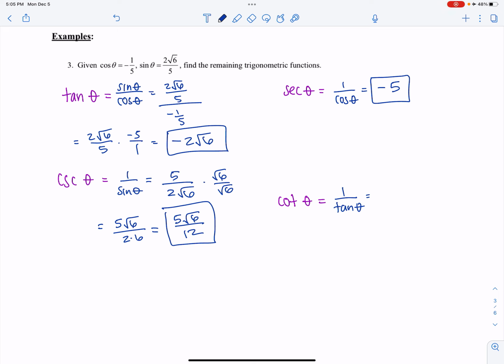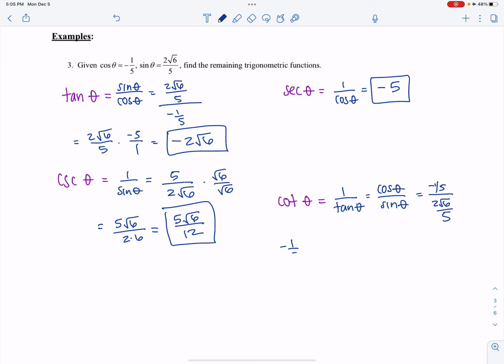Tangent being sine over cosine, so we're putting cosine over sine this time, which gives us negative 1/5 over 2 root 6 over 5.